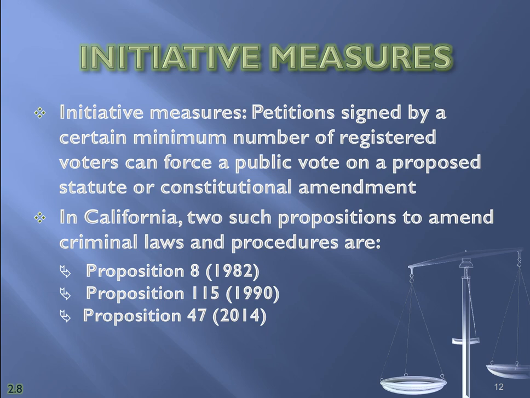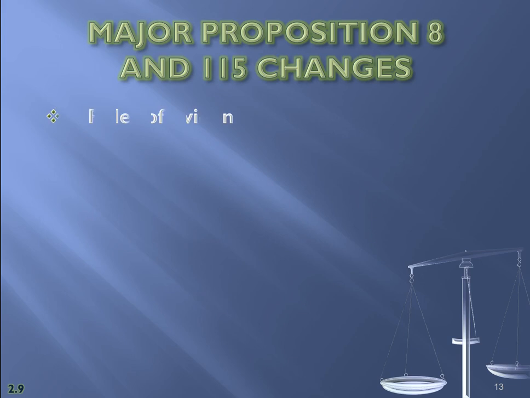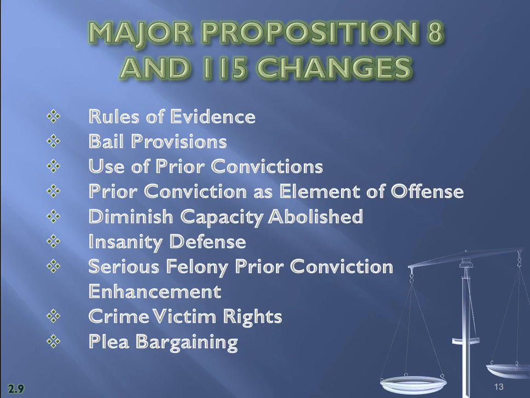I'm not going to go through the entire list of everything that changed, but these were some major Proposition 8 and Prop 115 changes. California voters occasionally pass ballot measures to amend criminal laws and procedures, as in 1982, Proposition 8, and in 1990, Proposition 115.